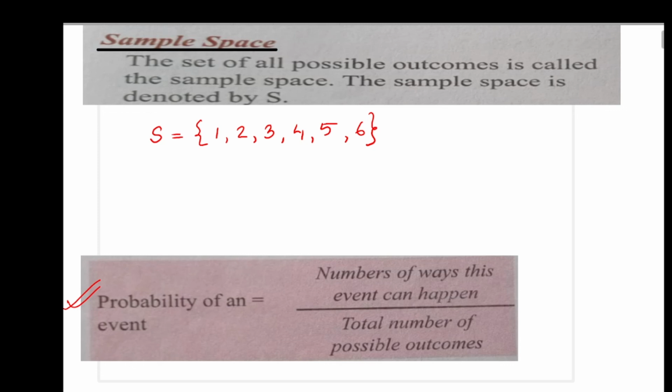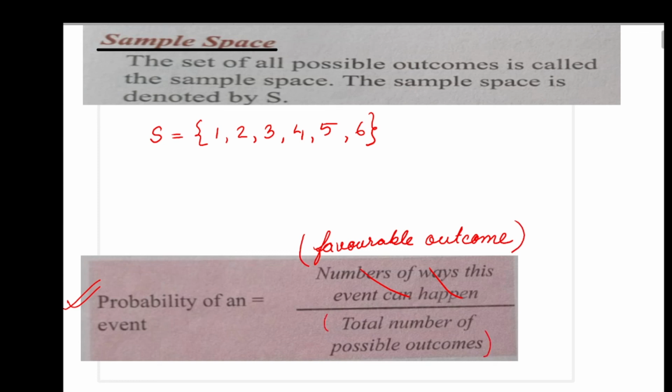How to find out the probability of an event? It is the number of ways this event can happen divided by the total number of possible outcomes. Or you can say favorable outcomes divided by total number of possible outcomes.